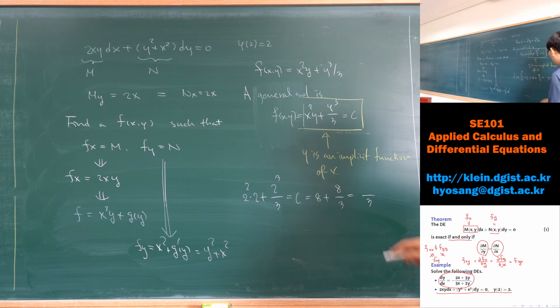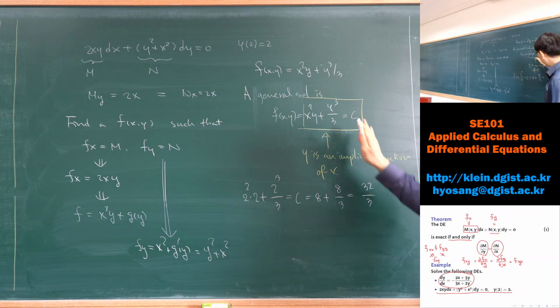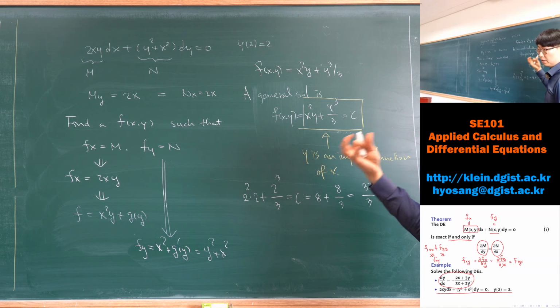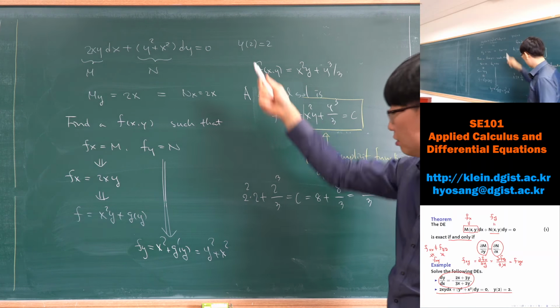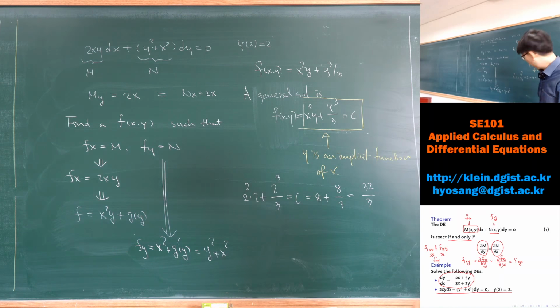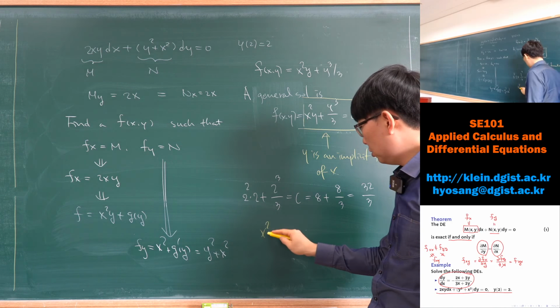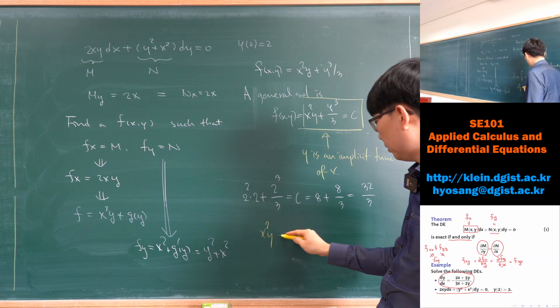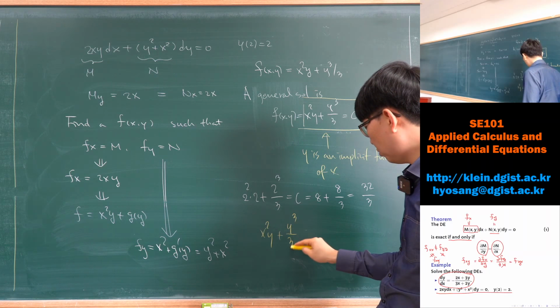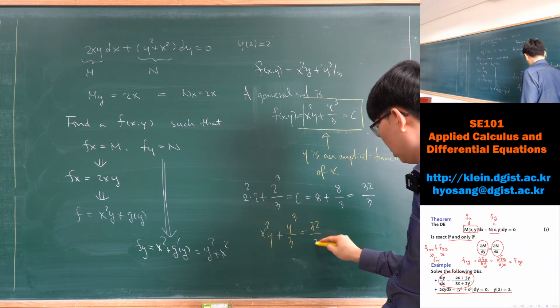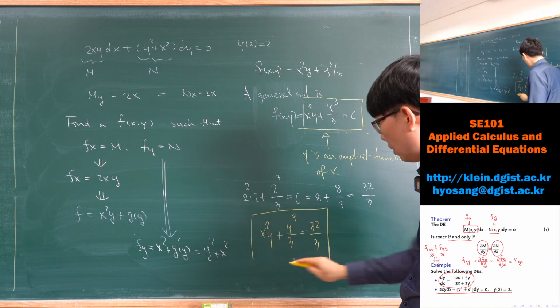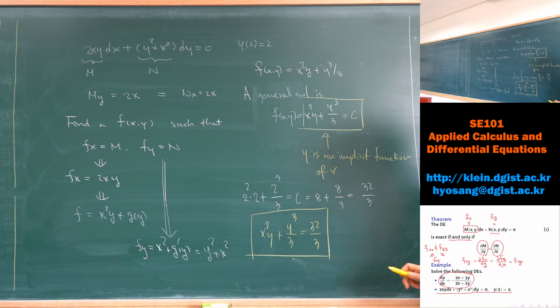So this is 32 over 3, right? This is a general solution, and we want to find a particular solution satisfying this initial condition. So the final answer is x squared y plus y cubed over 3 equals 32 over 3. So this is the solution, okay?